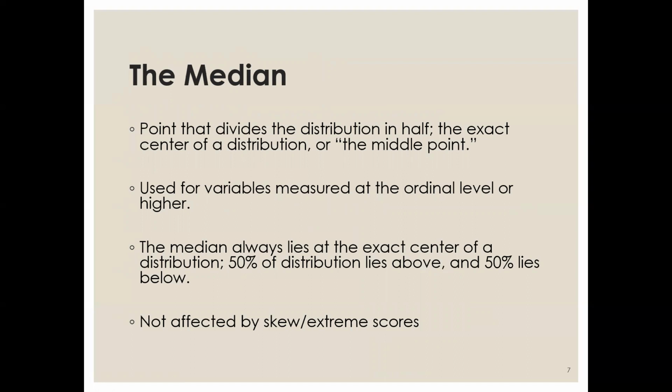And the median is the point that cuts the distribution in half. The median is going to be your best friend if you have a skewed distribution. So if you're looking at income, and the majority of people have income less than 50,000, but you have a few outliers who have an annual income of like 300,000 a year, they're going to pull the mean.